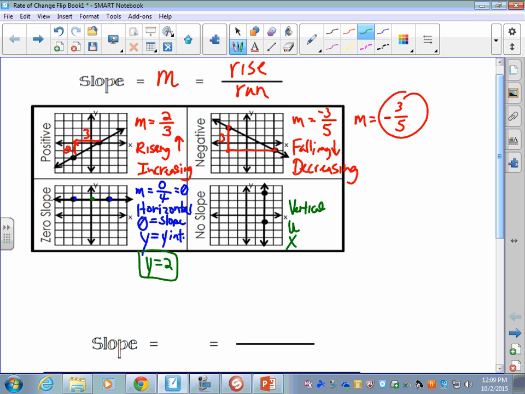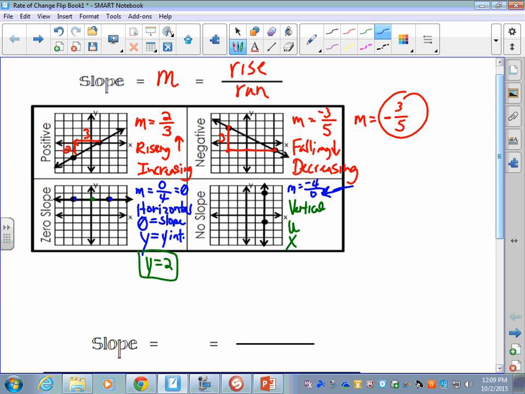So for a vertical line, yeah, I can rise or run here. I can go down. What is it? 1, 2, 3, 4. But I have no run. It's 0. And this is important. People forget what happens when you see this 0 at the bottom.